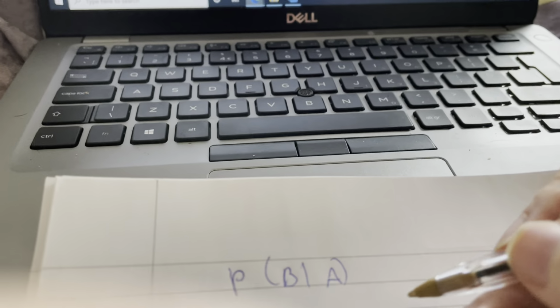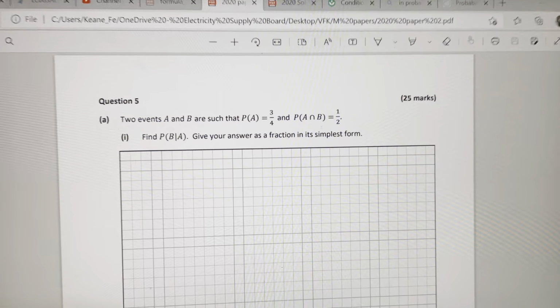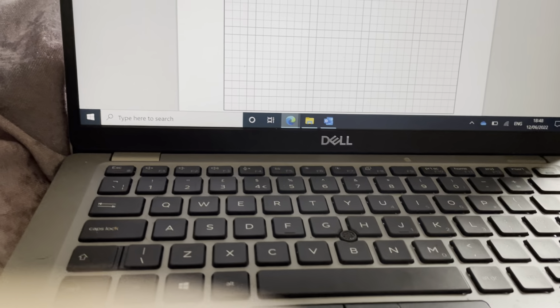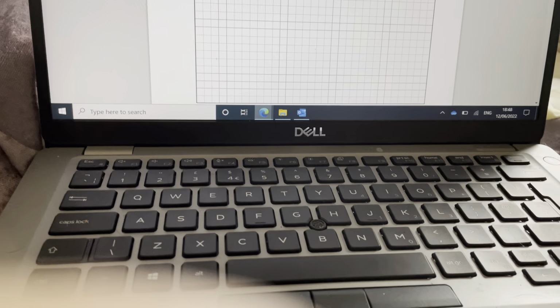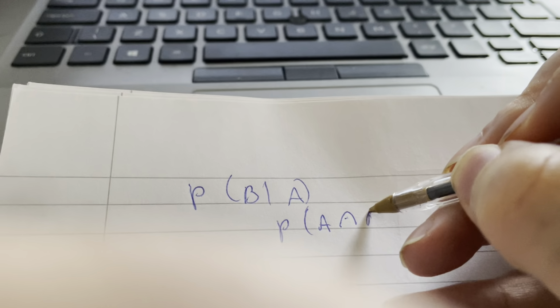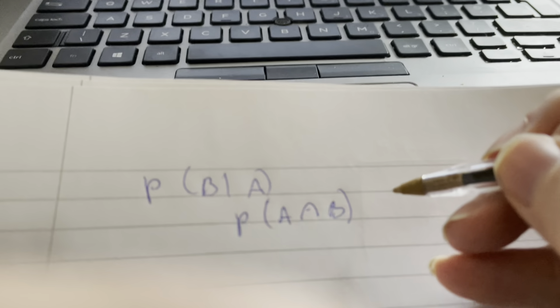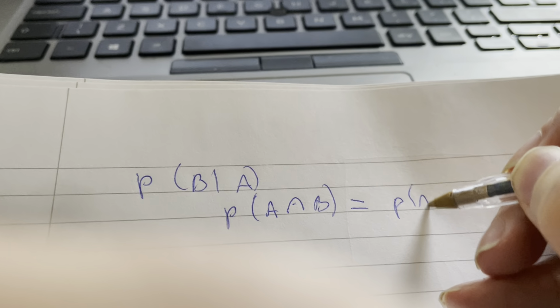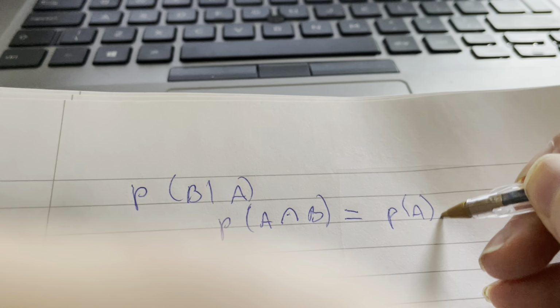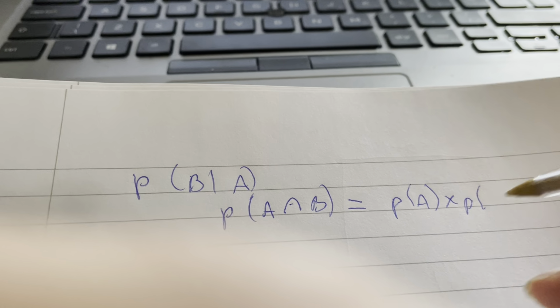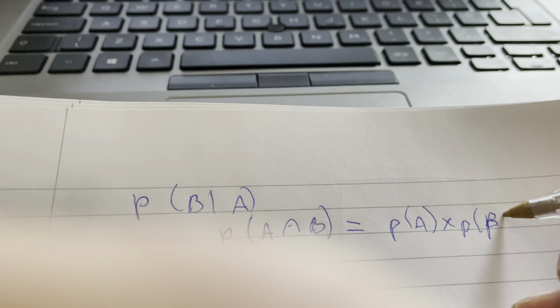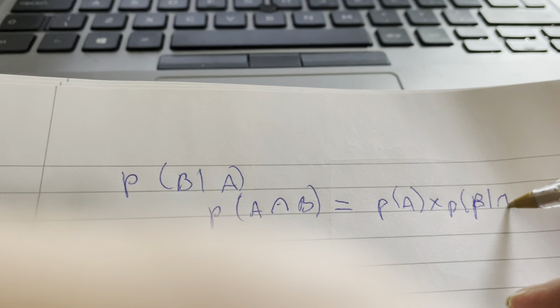Well, what's the formula there? Basically you want to bring in both of the things that you do know. So P of A and B, if you use that terminology, it'll help you remember, is the probability of A multiplied by the probability of B, but given that A has happened.